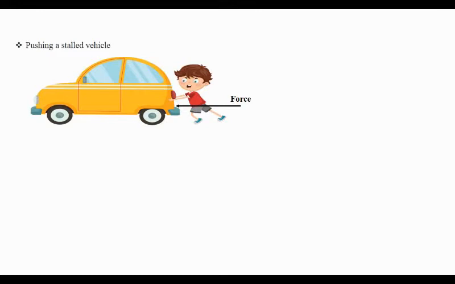The displacement occurs in the forward direction. In that case, the displacement and the force are in the same direction, meaning the angle between them is 0 degrees. We saw previously that when the angle between displacement and force is 0 degrees, the work done is positive. The work done in that case is positive work.